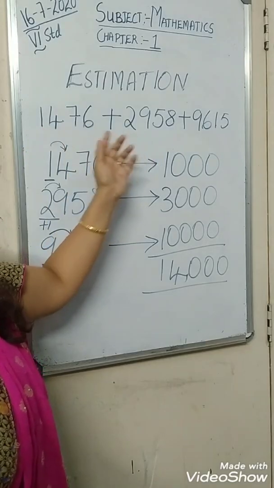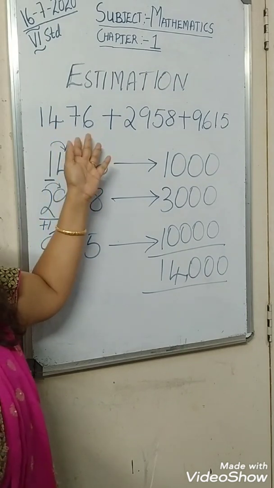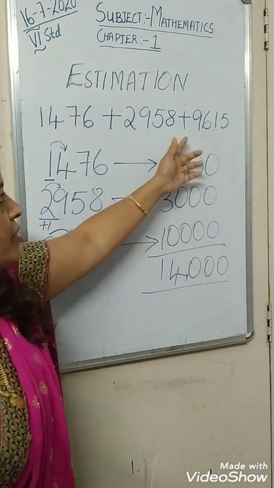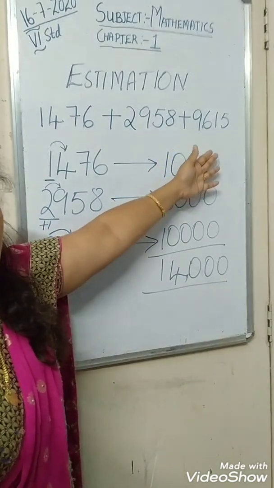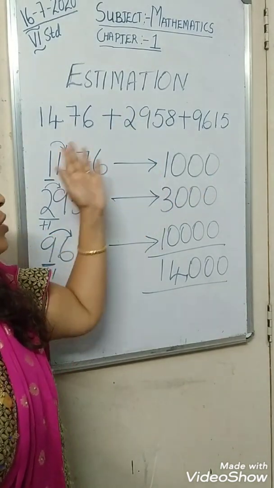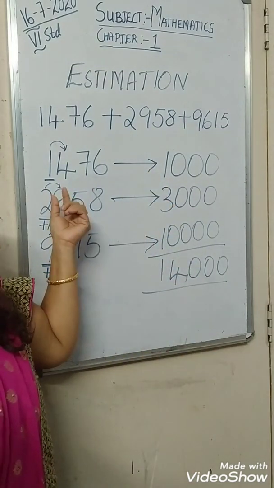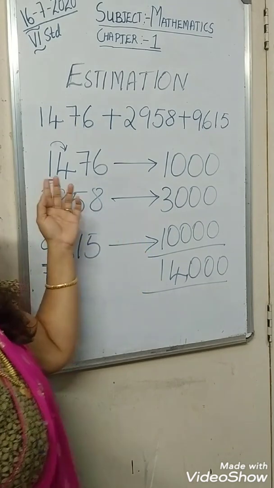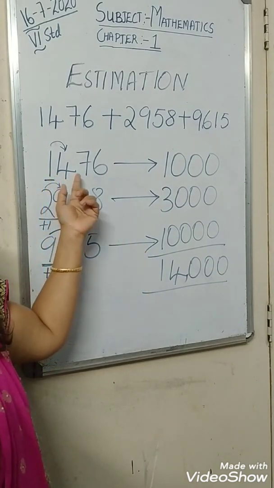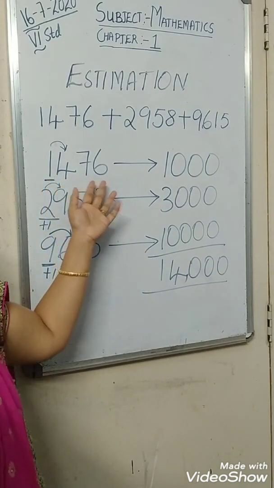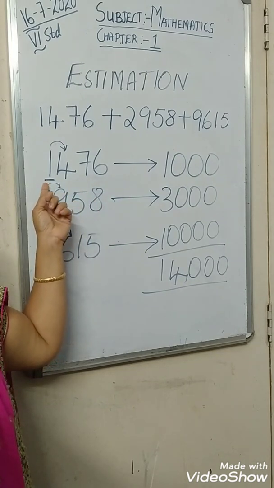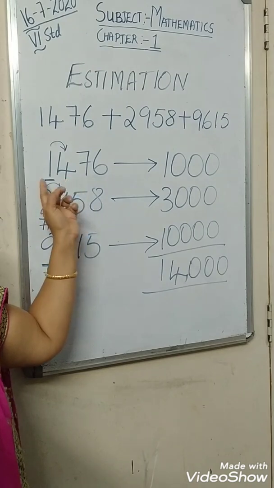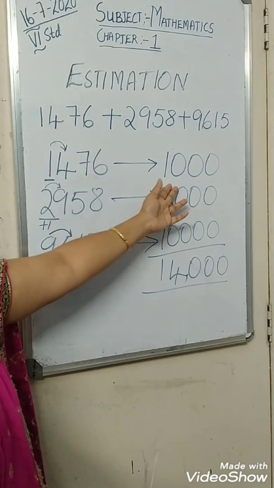Here I have an example. 1476 plus 2958 plus 9650. Let us see how to estimate it to the highest place value and then solve it. The first number, 1476. Here the greatest place value is 1, and we look at the next number, that is 4. So it is estimated to 1000.